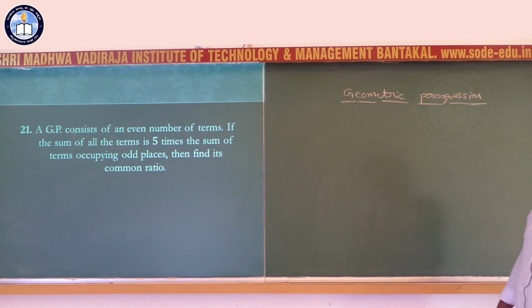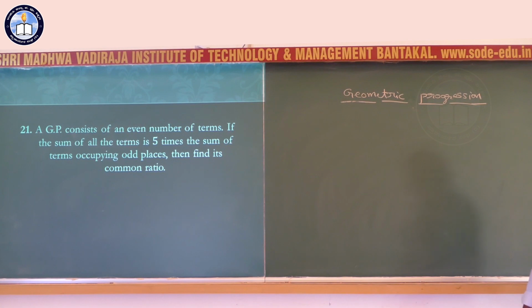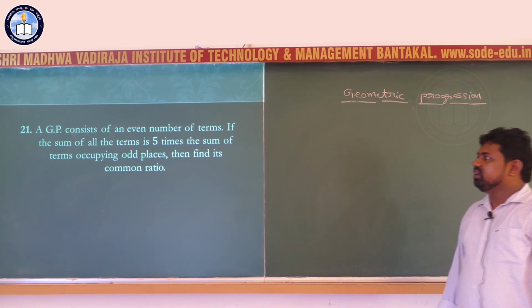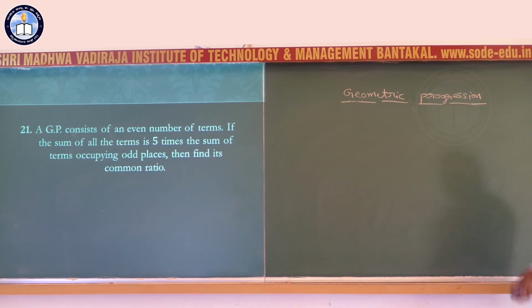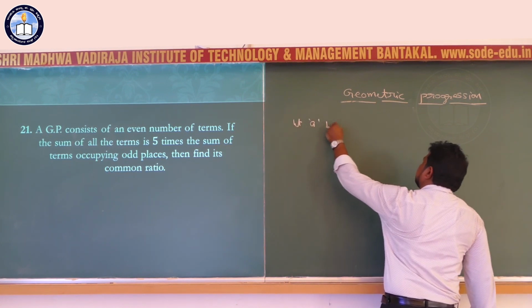Here, the given geometric progression consists of an even number of terms, therefore I consider it as consisting of 2n terms. I take the first term of the geometric progression as a and the common ratio as r.